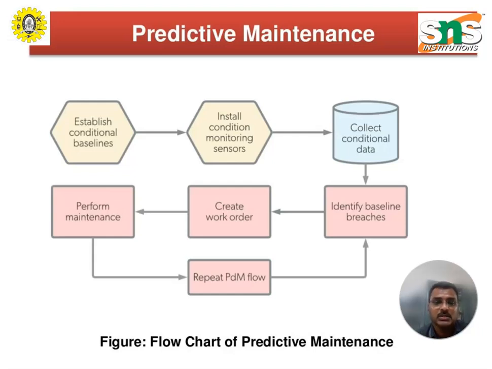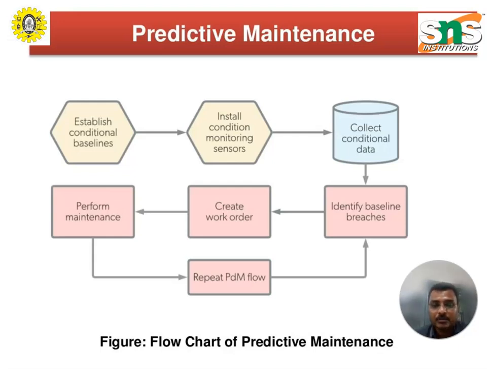Install condition monitoring sensors to know whether the particular equipment is working correctly, so that the sensor will give you the information that it is in good condition. Collect the condition data, where the sensor will show that the machine is working in good condition.